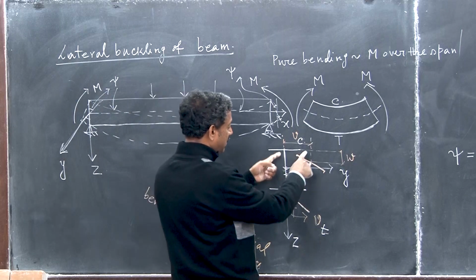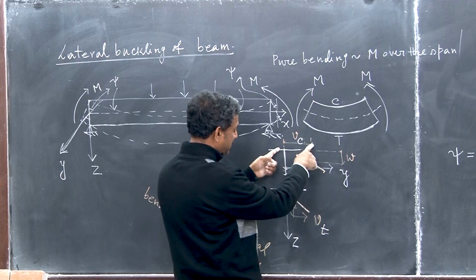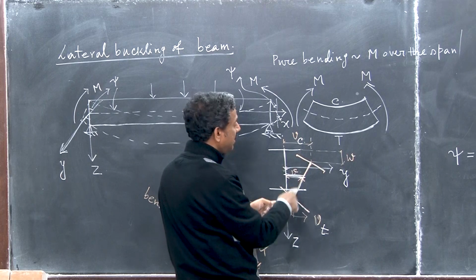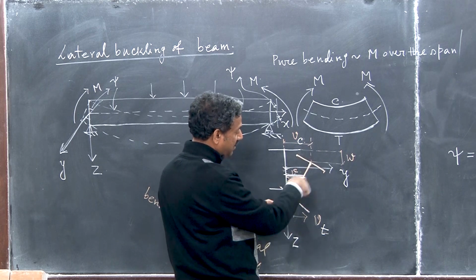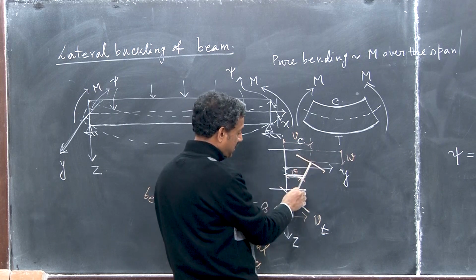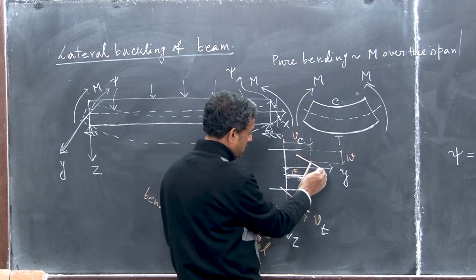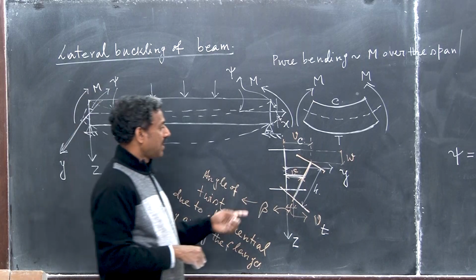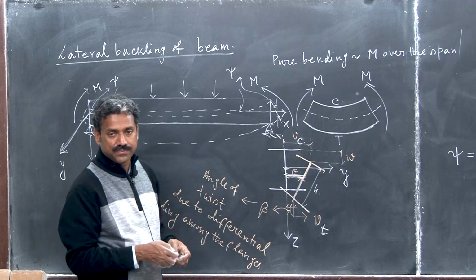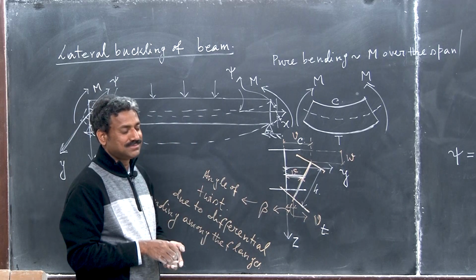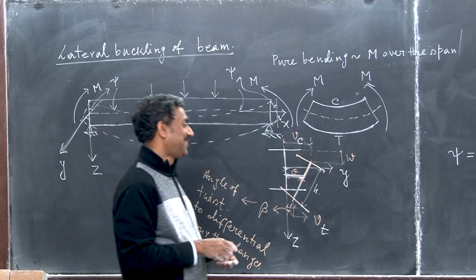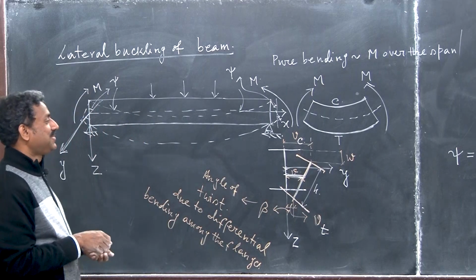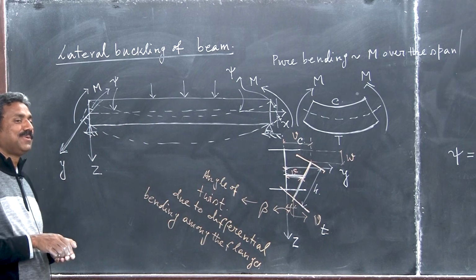See, psi is nothing but, this fellow is Vc, this fellow is Vt, Vc minus Vt divided by h, the length, this is the psi, right? That is the angle. This is beta, this is not psi, this is beta twist. Psi, you have to visualize a little differently.